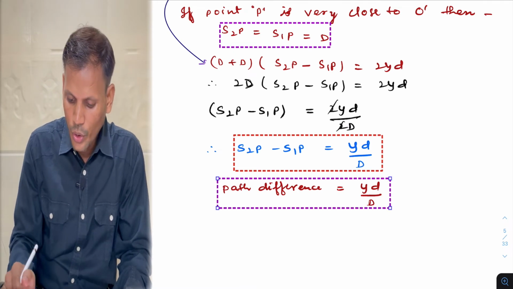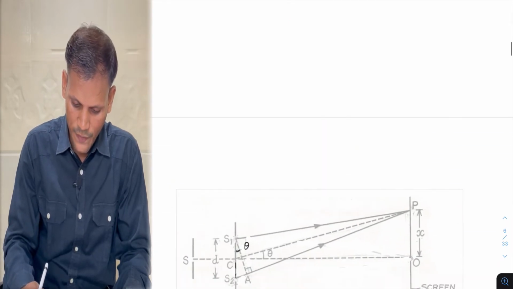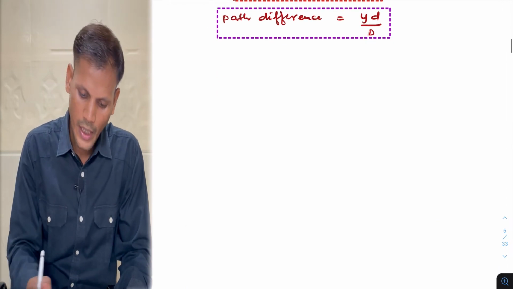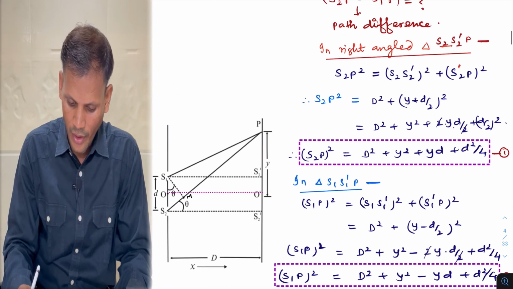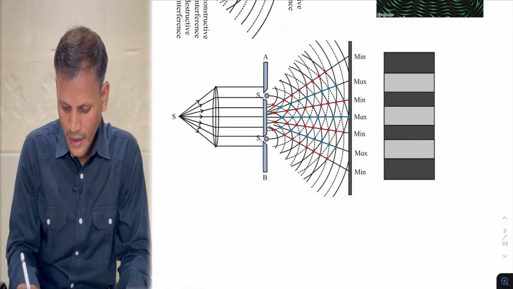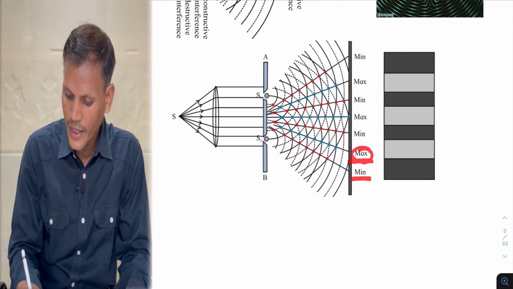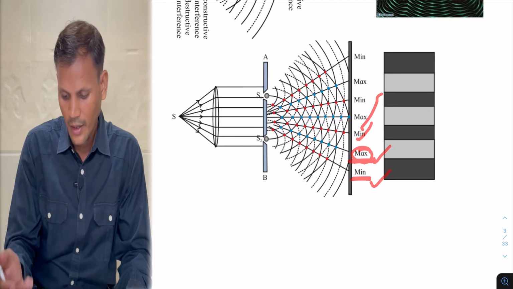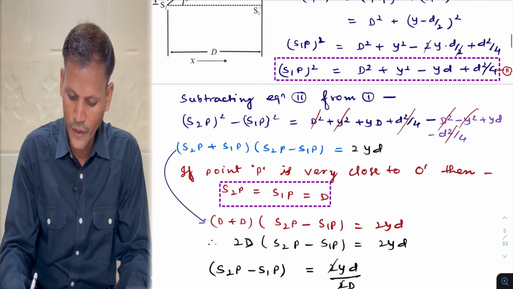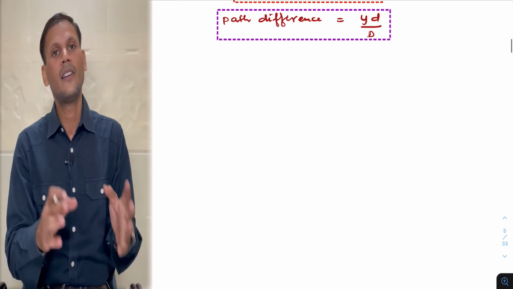Now we have to write two conditions. In this one we will write two conditions. One is for the bright, another is for the dark. Because we have already mentioned in this diagram, as you can see, there is the minimum which is dark, and the maximum which is bright. So bright, dark, that kind of pattern is to be obtained. So what are the necessary conditions for the bright fringes and dark fringes?